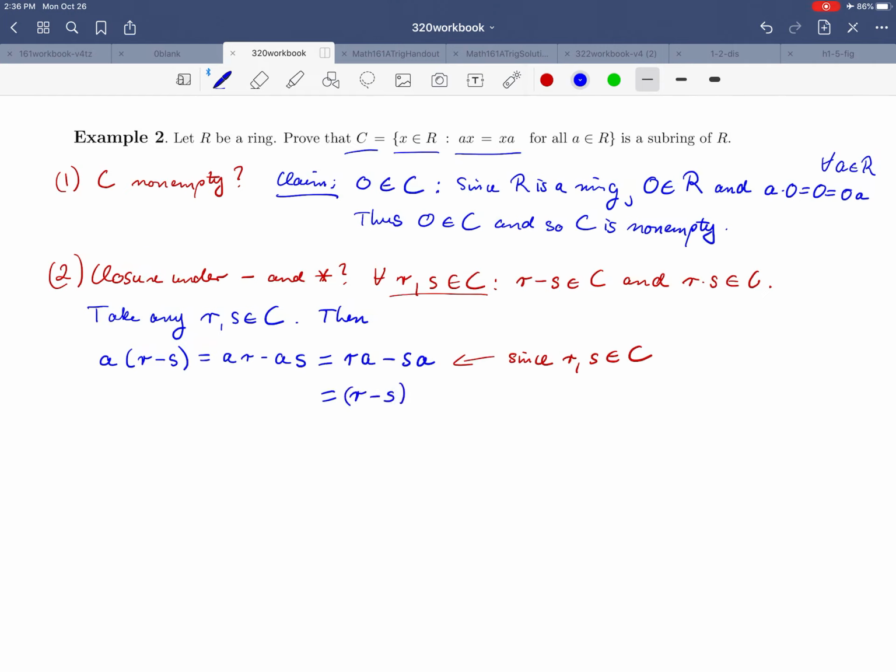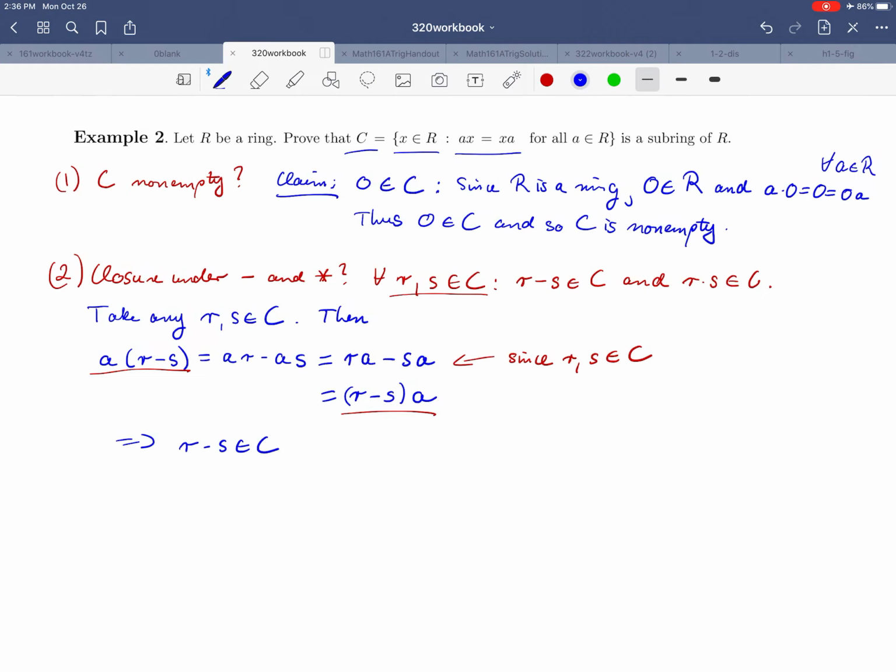So this is R minus S, and then we have A multiplied on the right side. And that is exactly our condition that shows that an element is in C, that A times that element is equal to that element times A. So we have that R minus S is an element in C.